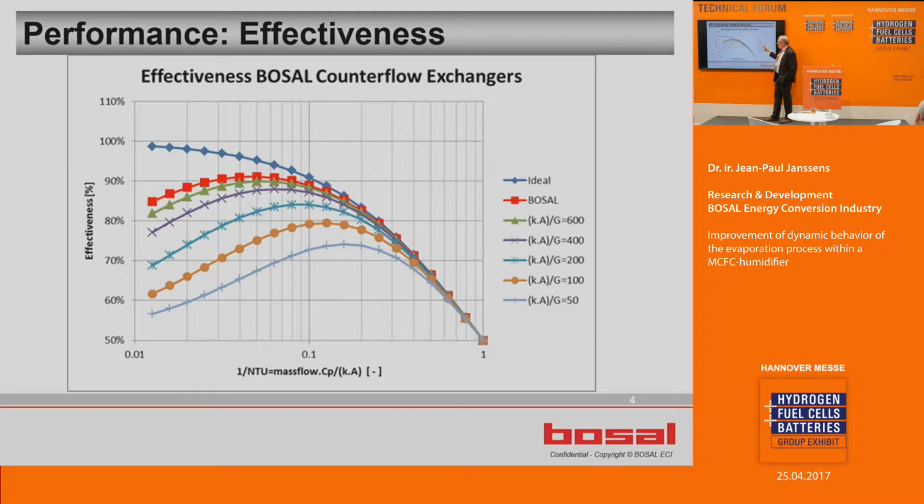But due to thermal conductance over the ideal heat exchanger, you see that you reach a maximum. And if you have not a good counterflow heat exchanger, you only can reach 70%. So you have to deal with that. And you see that the BOSAL components reach somewhere here in the vicinity of 90%.